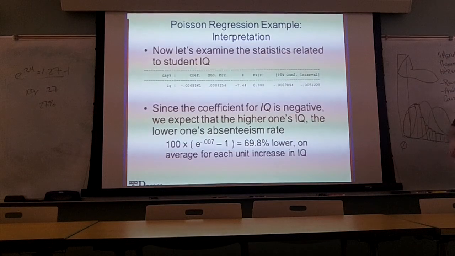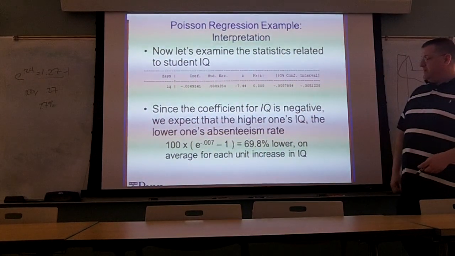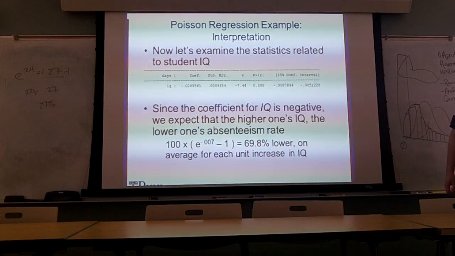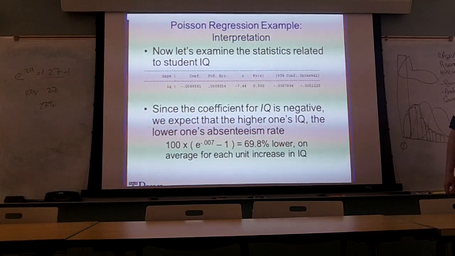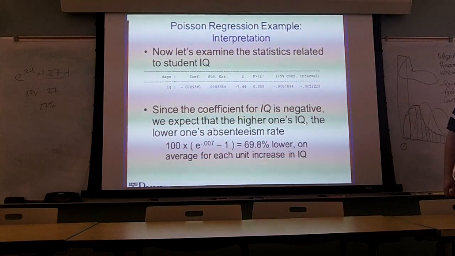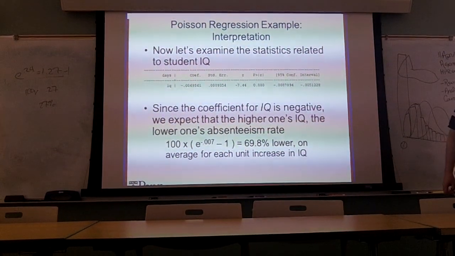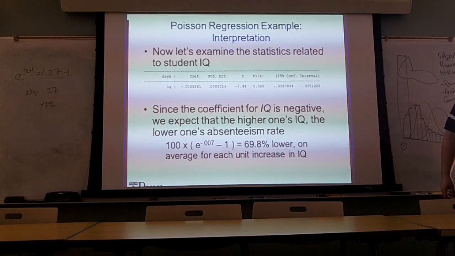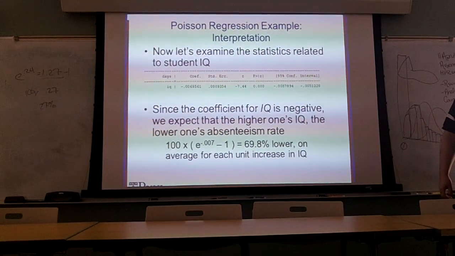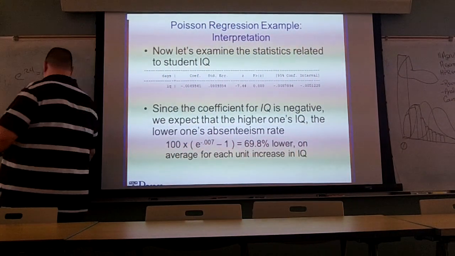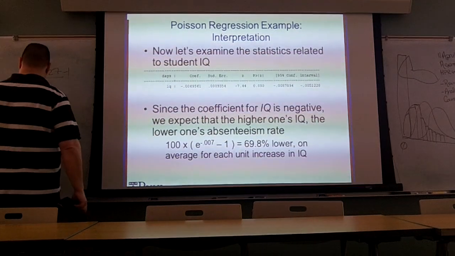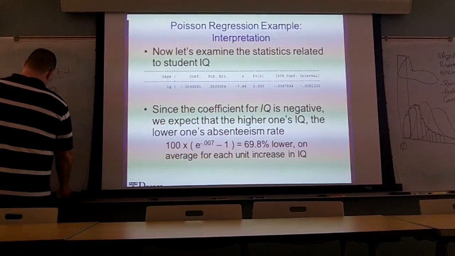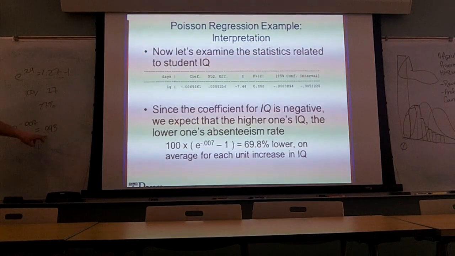Alrighty. We do the same thing for IQ. If we exponentiate, what is e to the negative 0.007? It's 0.993.